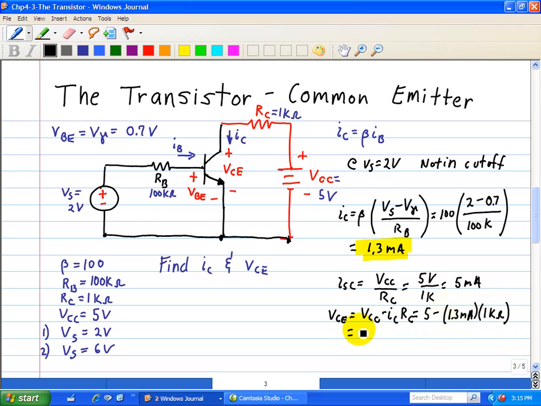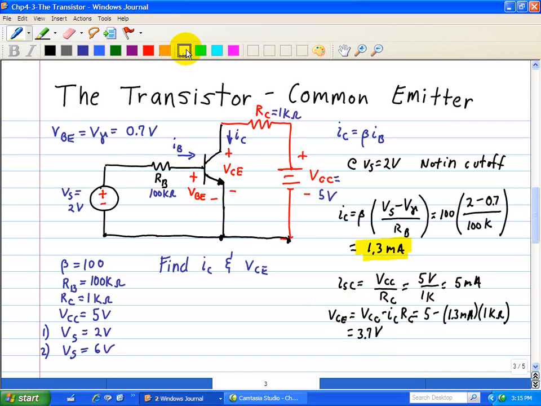That results in a value of 3.7 volts. So for Vs equal to 2 volts, we see that the transistor is in active mode, and the outputs for this configuration are that IC is equal to 1.3 milliamps and VCE is equal to 3.7 volts.